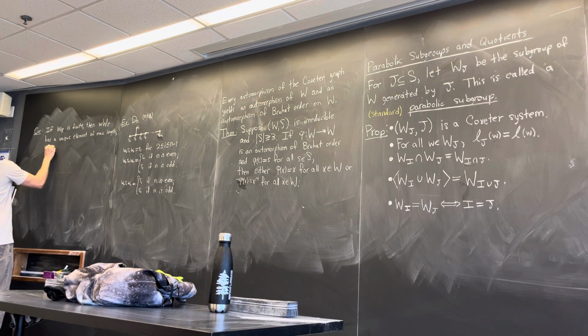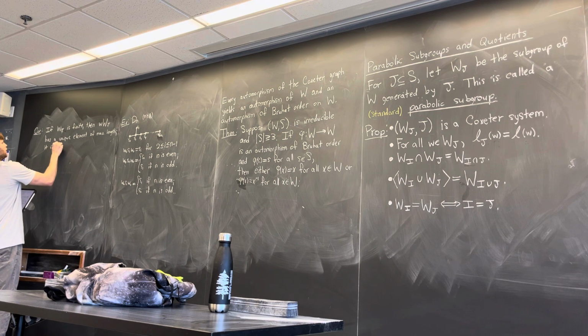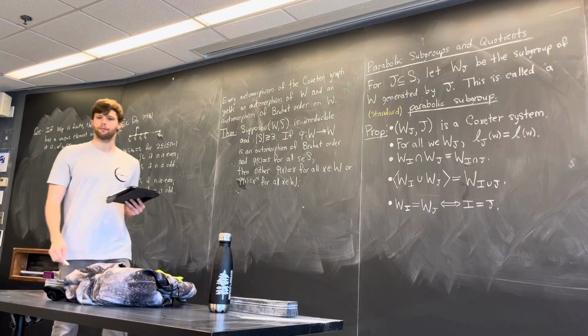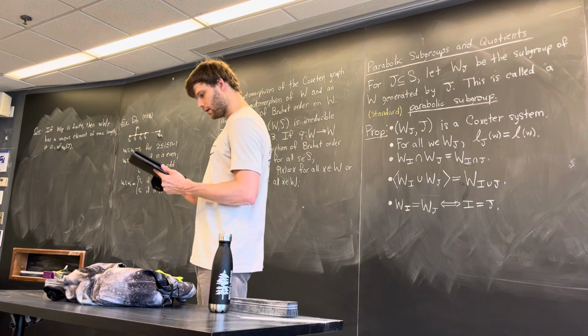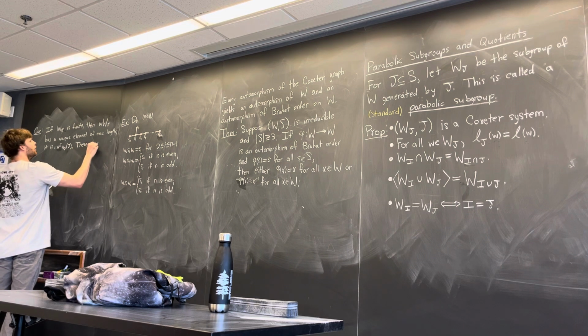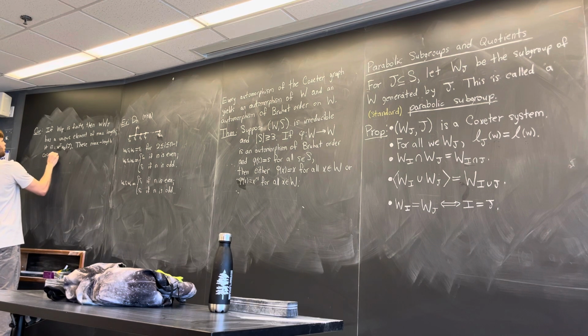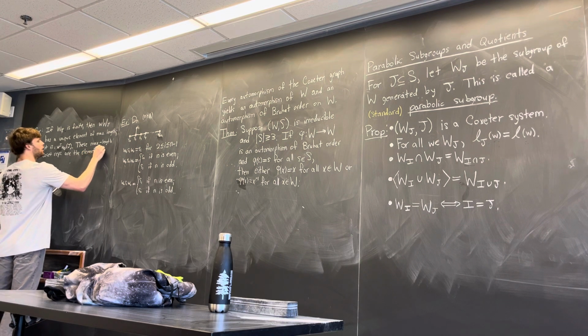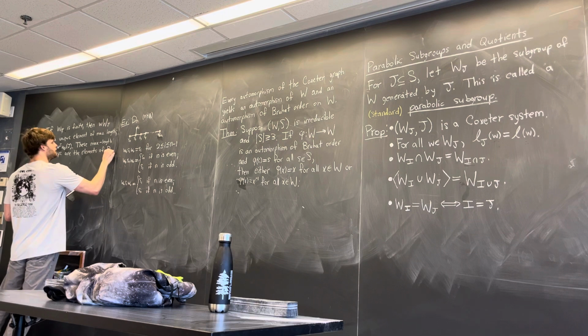So it is just W superscript J times this long element of the parabolic subgroup, so W naught of J. And these maximum length coset representatives are exactly the elements of this set DJS.